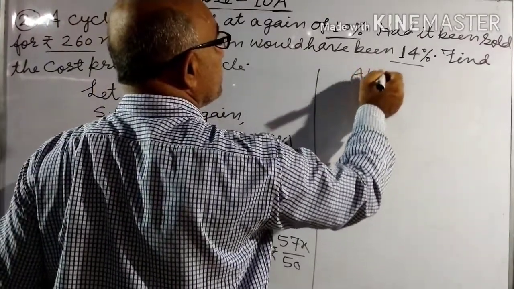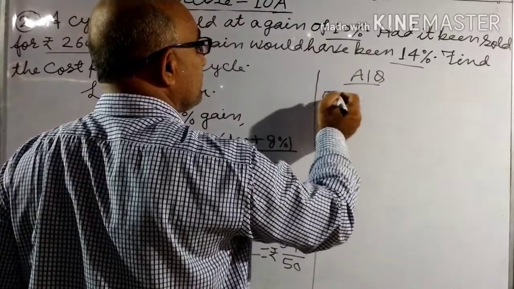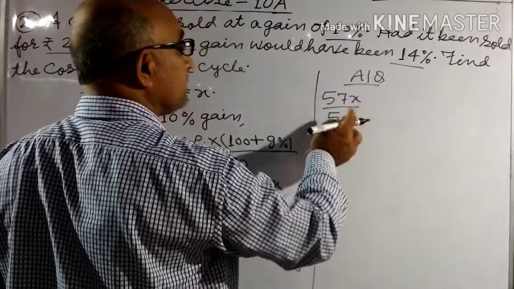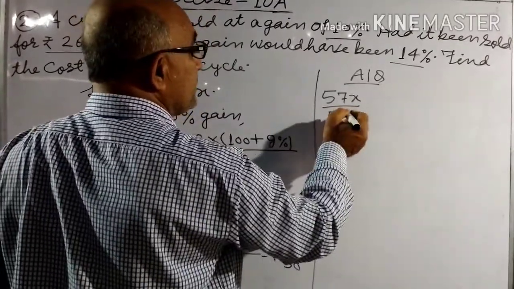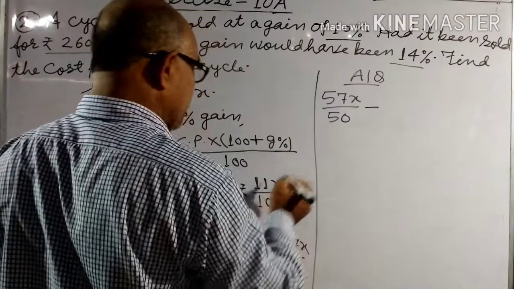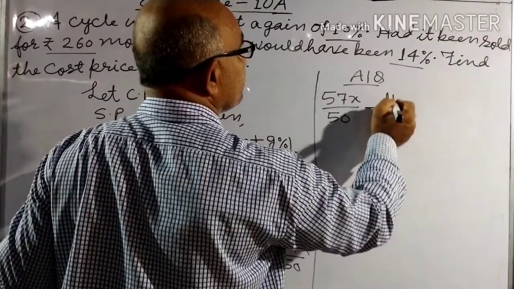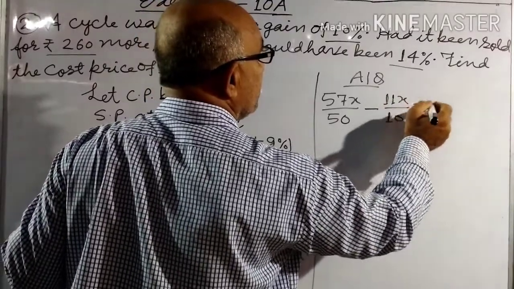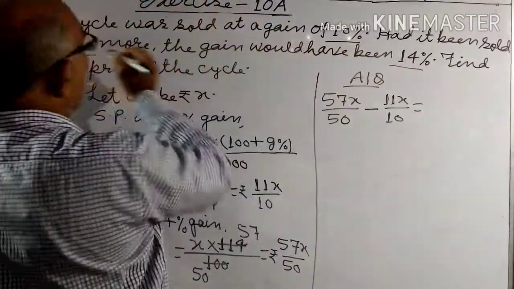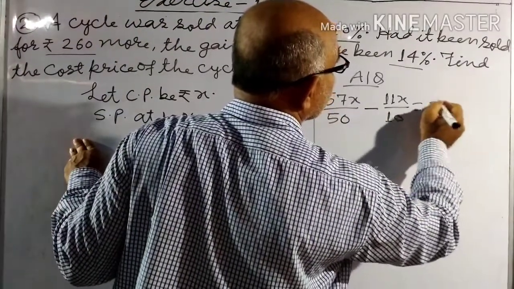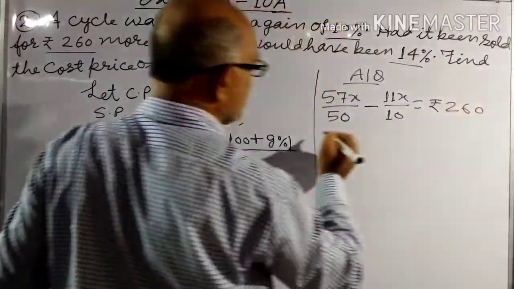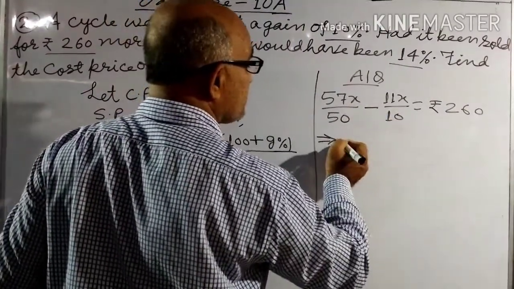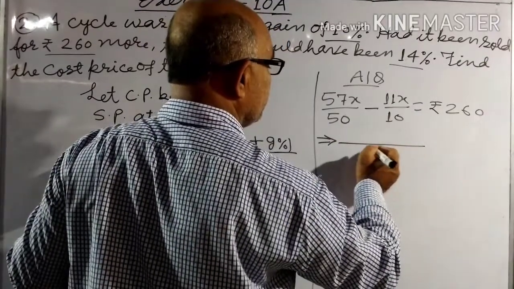Now, according to the question, 57x by 50 minus 11x by 10 equals 260 more, equals rupees 260. Now solve it. LCM of 50 and 10 is 50.